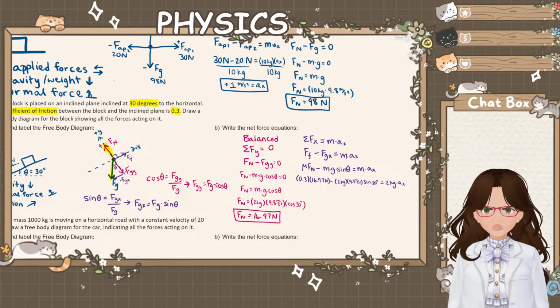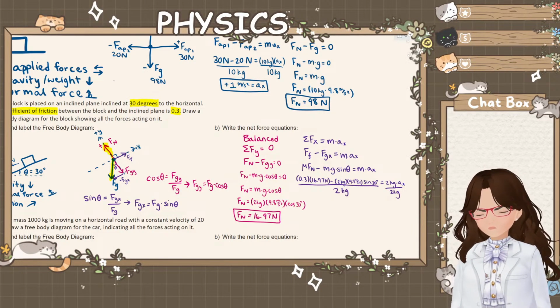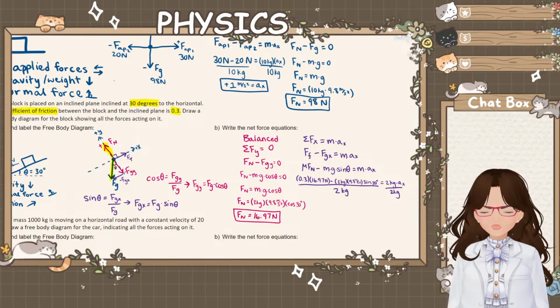Okay, so in this case, let's just go ahead and divide both sides before I throw this in the calculator. So I'm going to divide both sides by the mass. And let's see, is it balanced? Is it not balanced? If it's balanced, it should be 0. If it's not balanced, it'll be a different number.